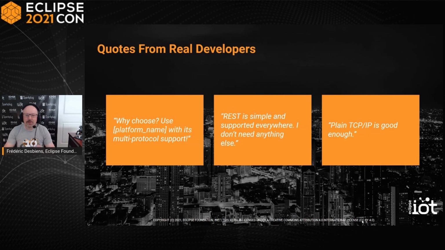The platform supports everything. And some others will say that REST can do everything for them, and that plain TCP is good enough. In some cases, maybe that's right. But you will see there are definite advantages in leveraging IoT-specific tools and platforms. And since many of them have Java implementations, as a Java developer, you can leverage that.